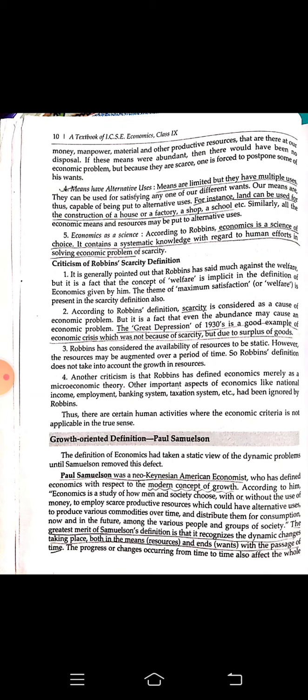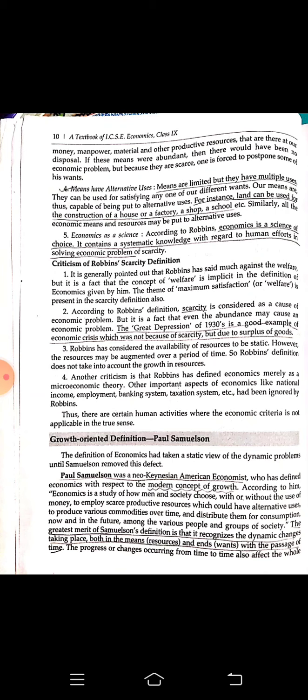Again, Robbins is also criticized by many critics, saying that Robbins always told there is a scarcity or less means of resources, which in the society can raise economical problem. But he forgot that there was a great depression in the 1930s.